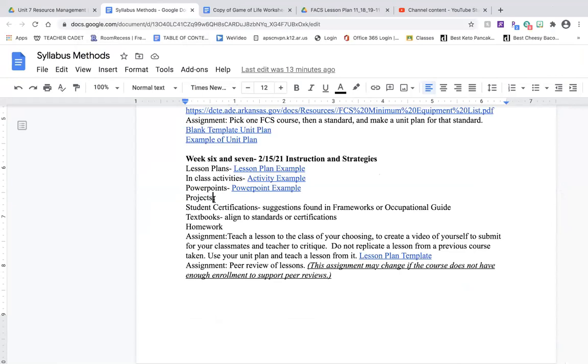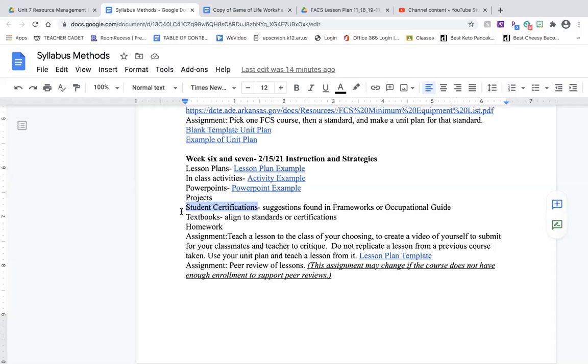Student certifications are extremely important right now. Other subjects, math, English, AP classes have exams students take at the end of the year that are done by the state. AP exams are done by College Board, ACT Aspire, ACT.